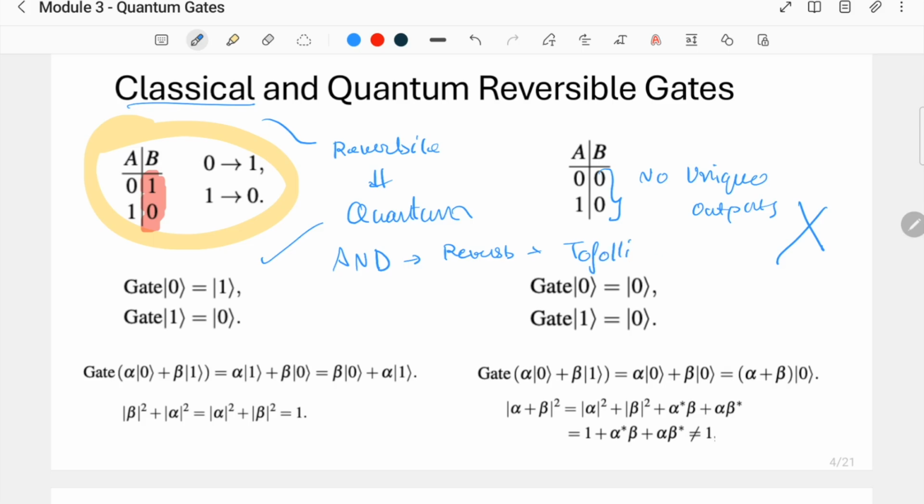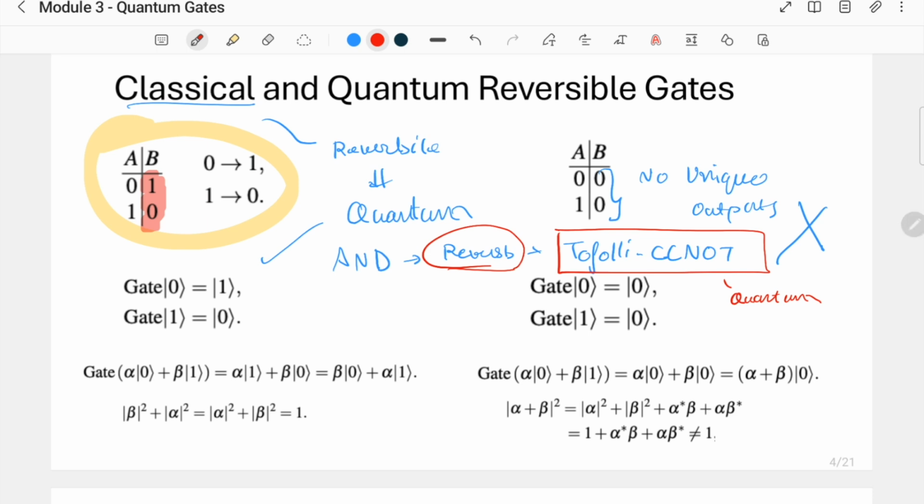My spelling might be wrong here, but it is called the Toffoli gate, or the CCNOT, if you are familiar with quantum information. Because it is reversible, it can now be used as a quantum gate, and it is in fact widely used in quantum information. You will see it many times across.